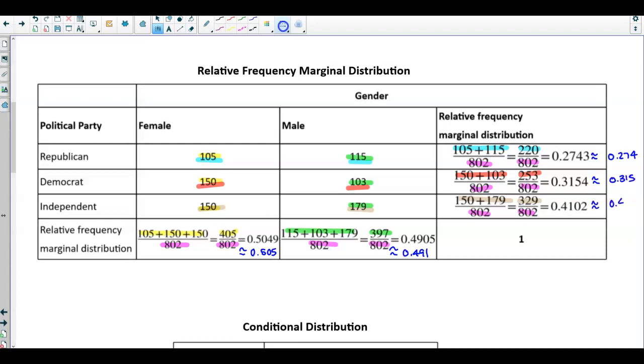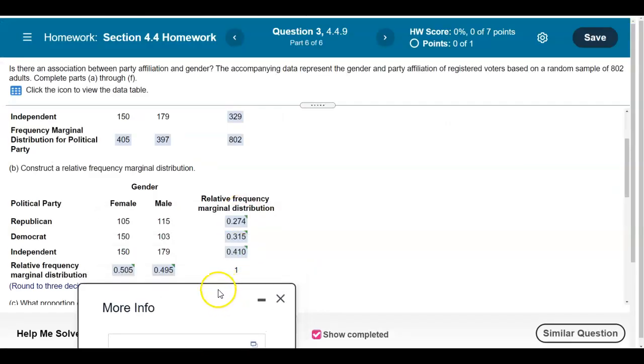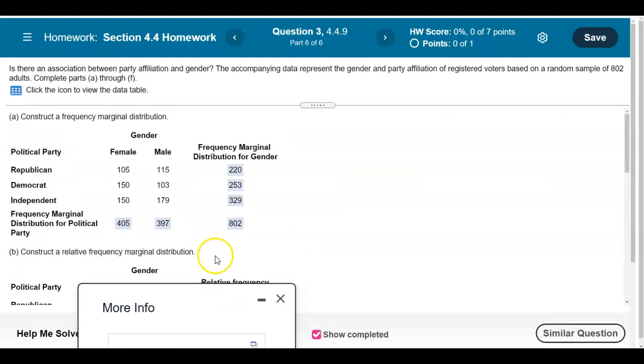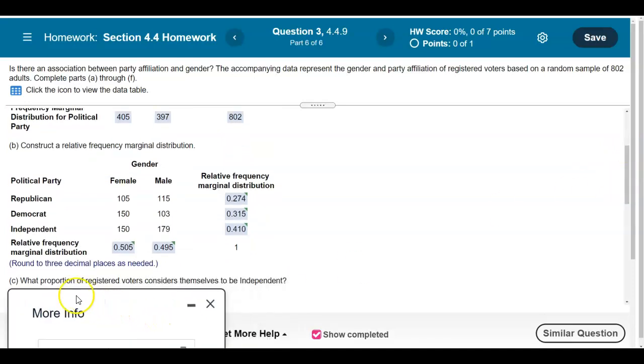And this becomes 0.410. So let's go ahead and take a look. There are our values. So we were able to create our relative frequency marginal distribution.